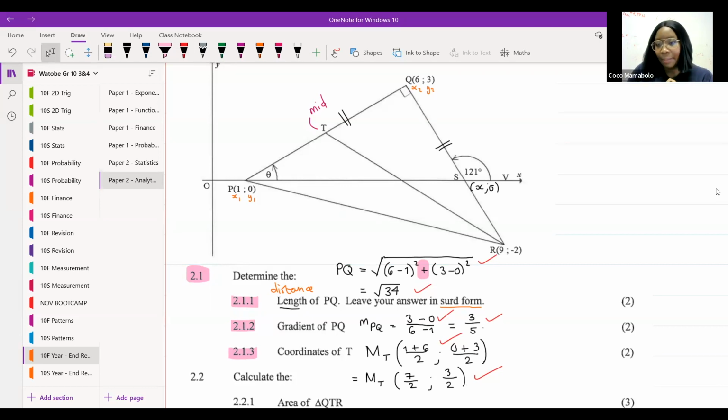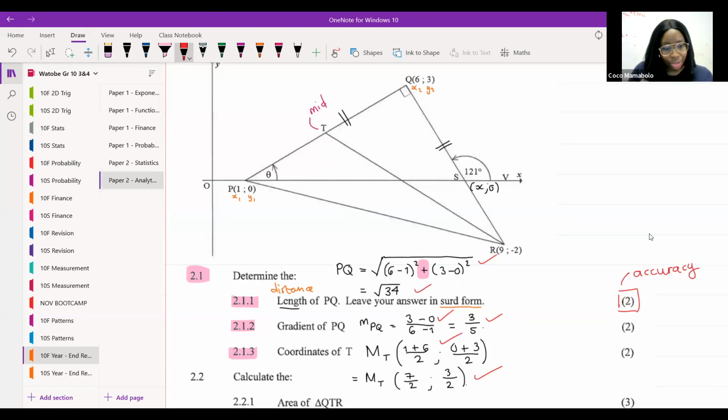I just need to remind you guys that when a question is out of 2 marks, you either need to get the question 100% correct or you're not going to get any mark. Because 2 marks lets us know that this is all accuracy, especially in analytical geometry.